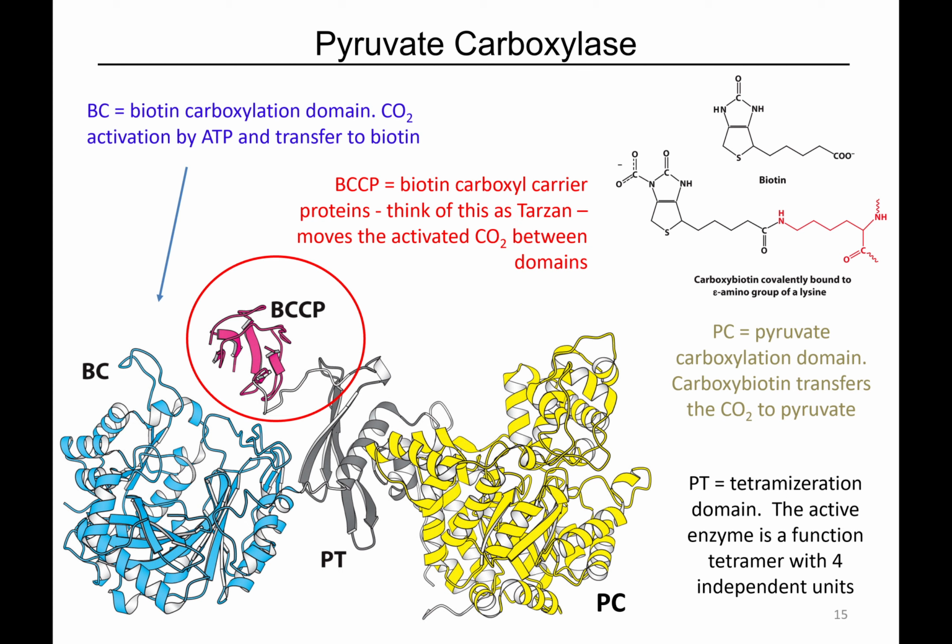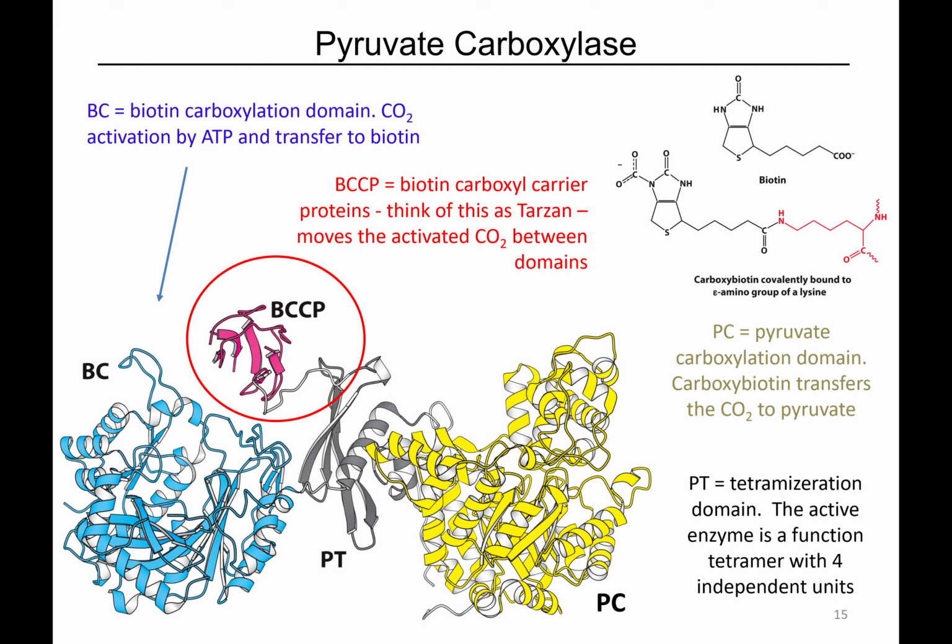The PC domain over here is our pyruvate carboxylase domain. This is where we take the CO2 from biotin and put it onto pyruvate. They're linked by this tetramerization domain. The idea here, as the name suggests, is that the quaternary structure of this enzyme is a tetramer.